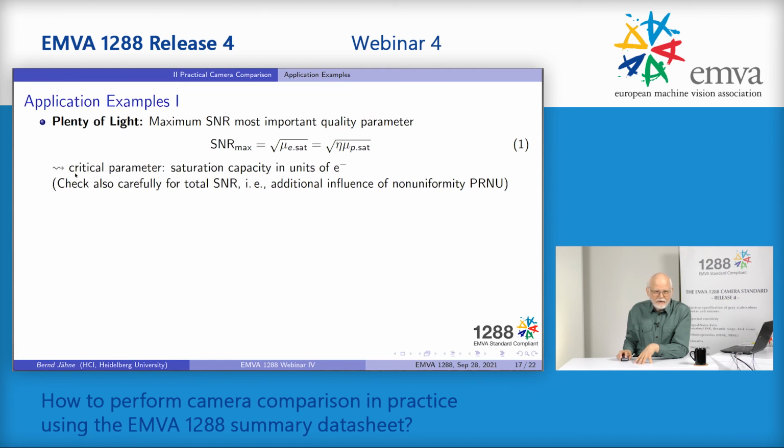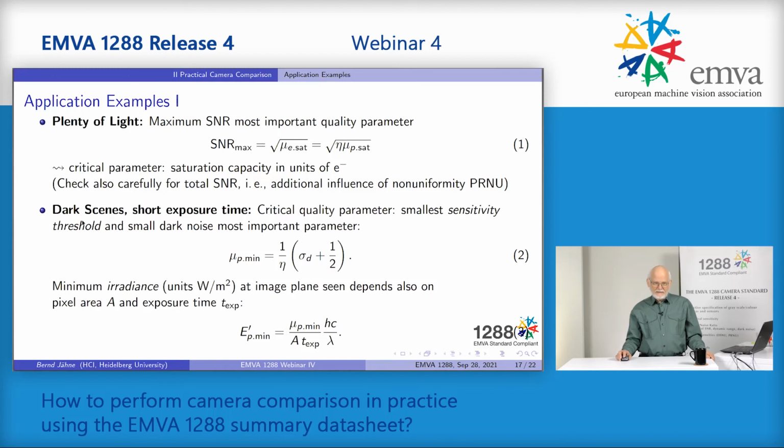So that is really the critical parameter then. And you should, of course, check this not only for temporal noise, but also for the spatial non-uniformity. That means carefully check also the total SNR for additional influences of the non-uniformity from the PRNU. That's the easy situation, because then you can basically only look for this parameter.